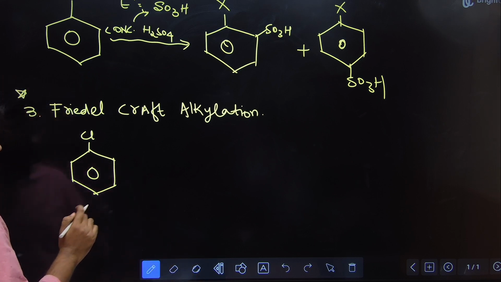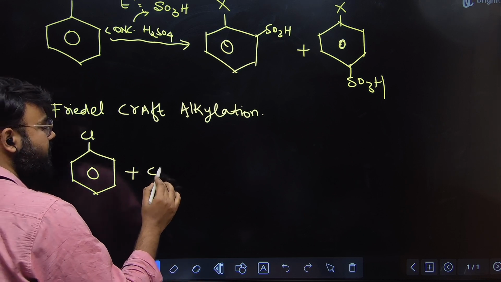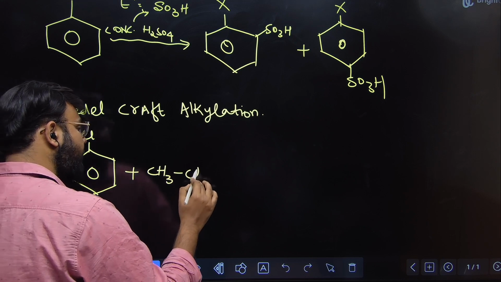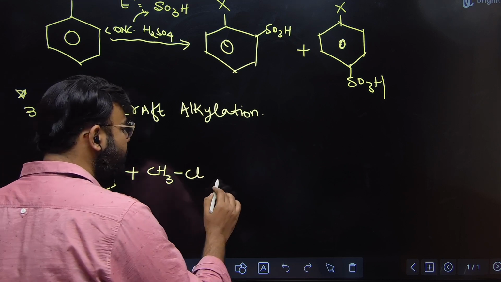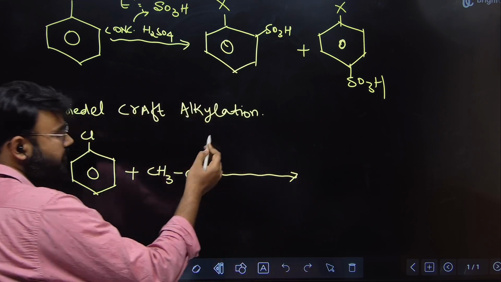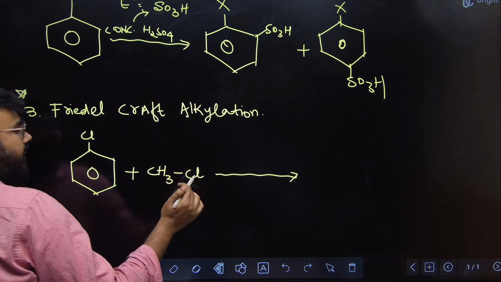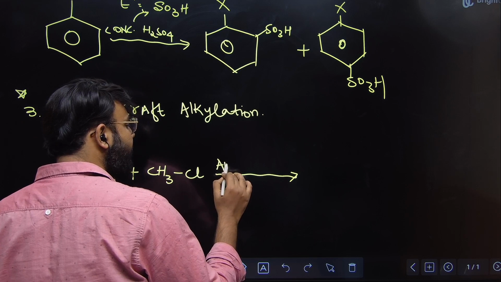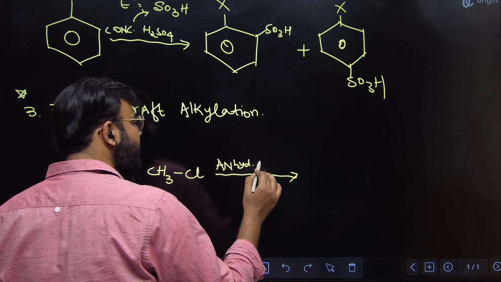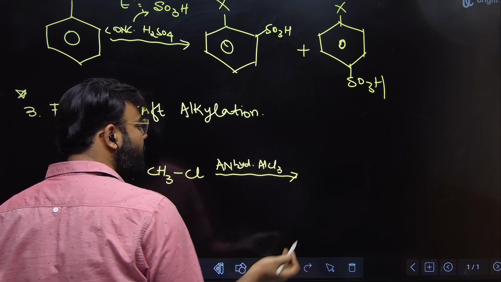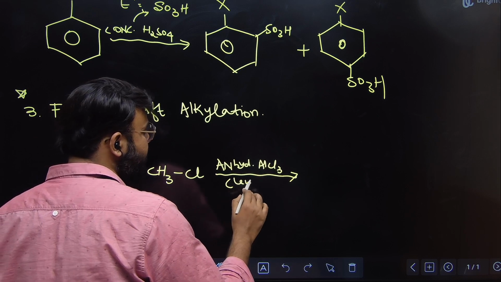Now, you add CH3Cl. And remember, we are adding alkyl halide. Alkylation means we add alkyl halide, okay? Got it now? And in the presence of anhydrous AlCl3. Now, what is AlCl3? It's a Lewis acid.